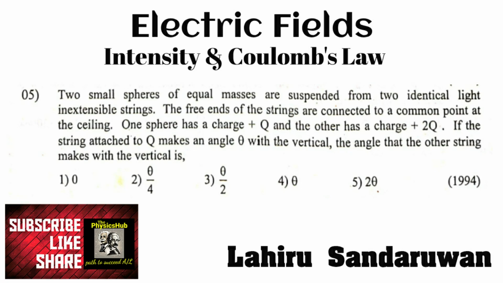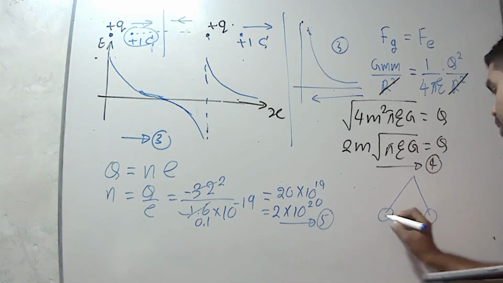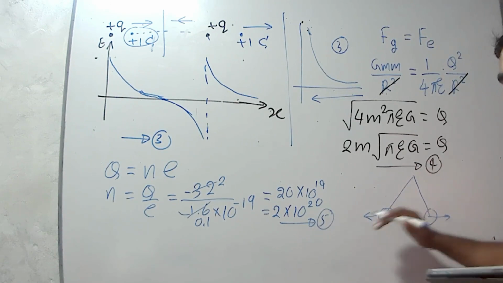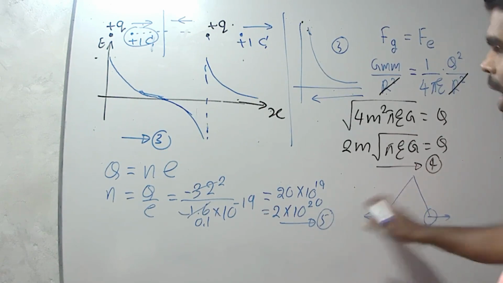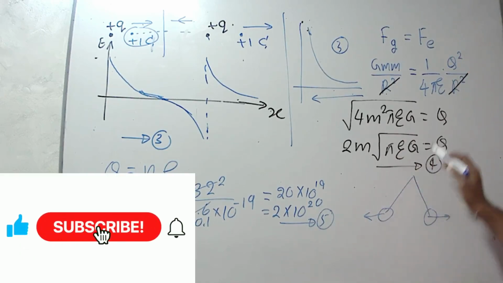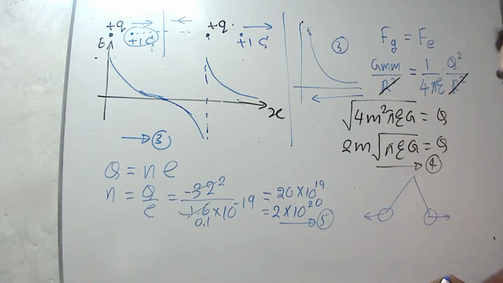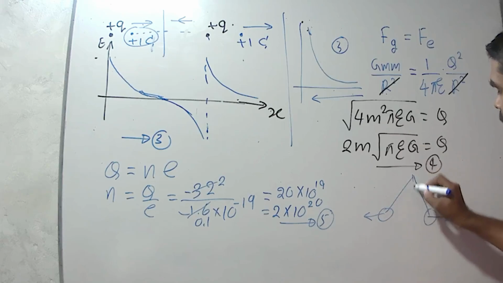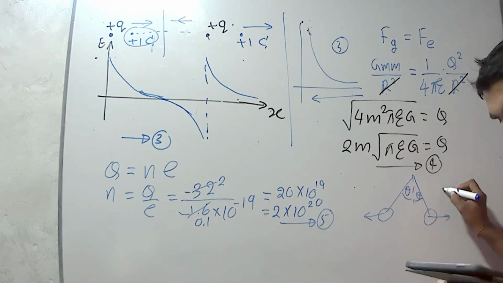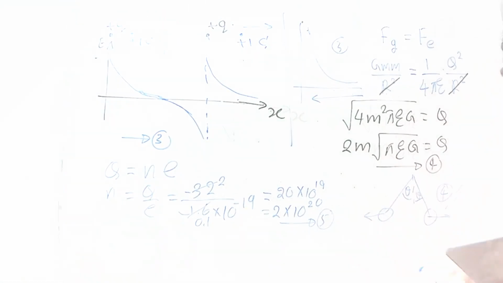We know that this repulsive force is an interaction force, which means equal and opposite. When getting the electric force, we have to take the product of the charges, so the forces are equal and opposite. If this angle is theta, this one is also theta, the same as theta. The fourth one is the correct answer.